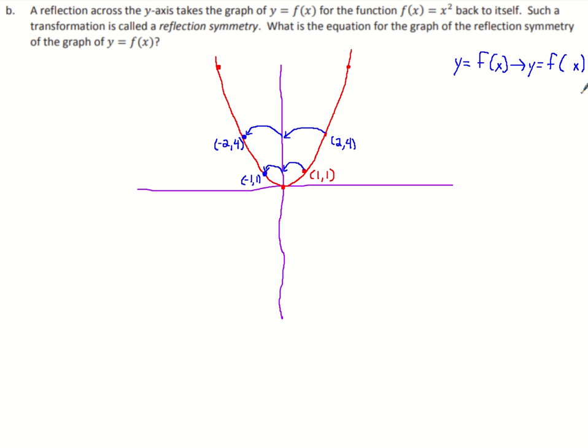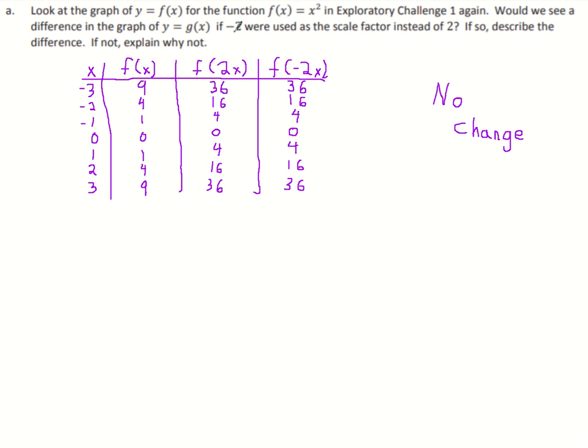Because here's the thing. It's going to look exactly like y equals f of x. It's going to look exactly like f of x equals x squared. But as we learned in part A, if I take my input and multiply it by a negative number, for example, when I multiplied my input by negative 2 instead of positive 2, there wasn't any change.